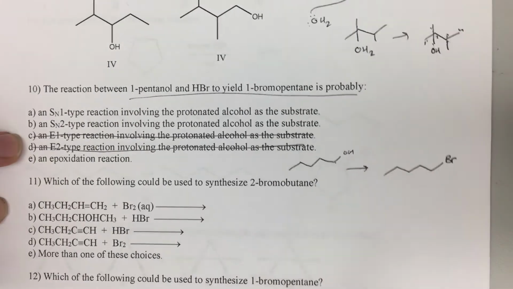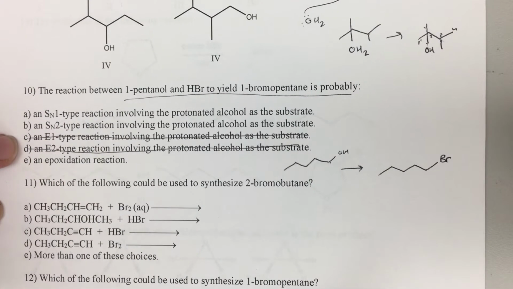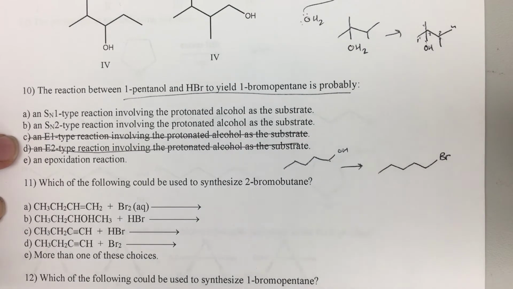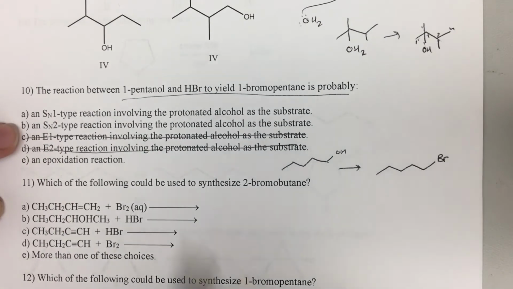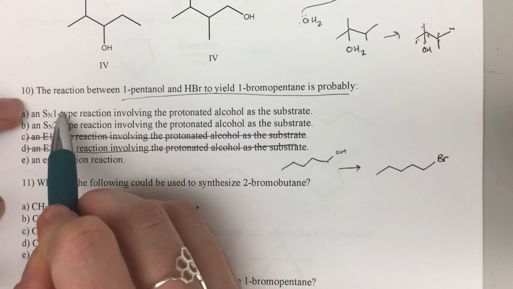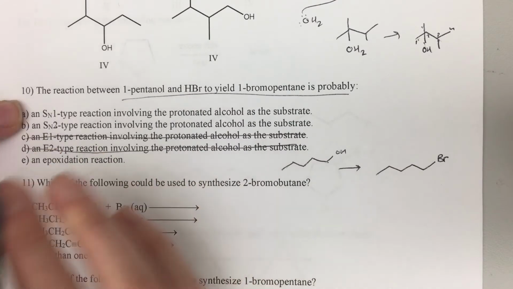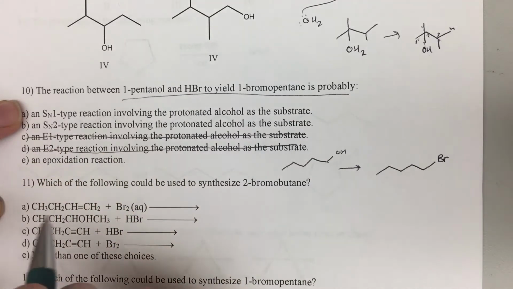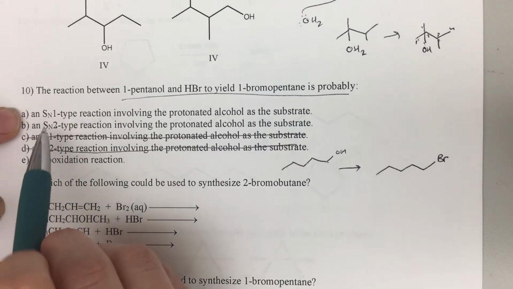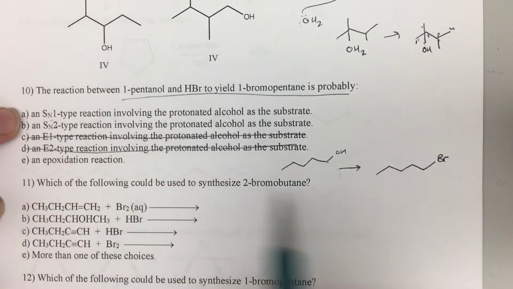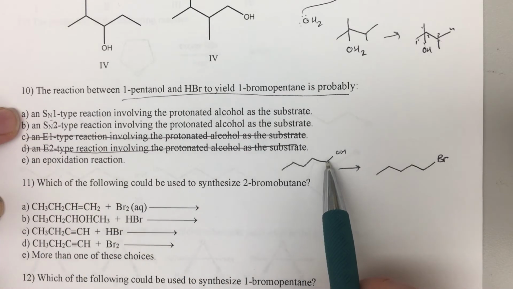And you may be thinking, I don't really remember a lot about these types of reactions. I totally understand. These took a long time for me to get. But one thing you can remember is an SN1 type reaction starts much like our acid-catalyzed, where it leaves behind a carbocation. And this here is not going to want to form a carbocation on a primary.